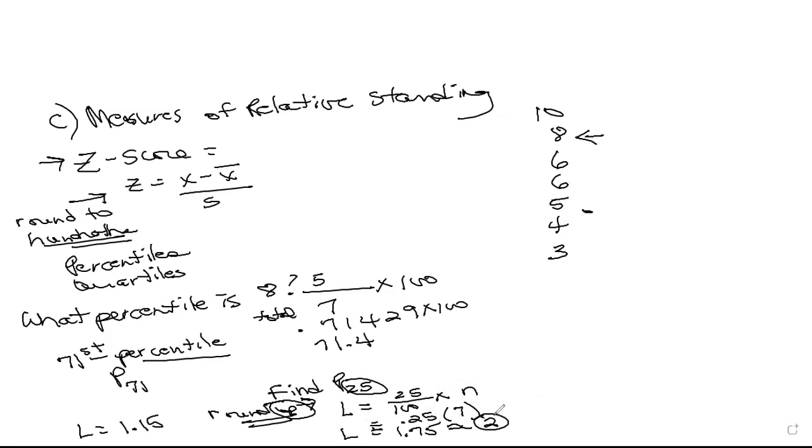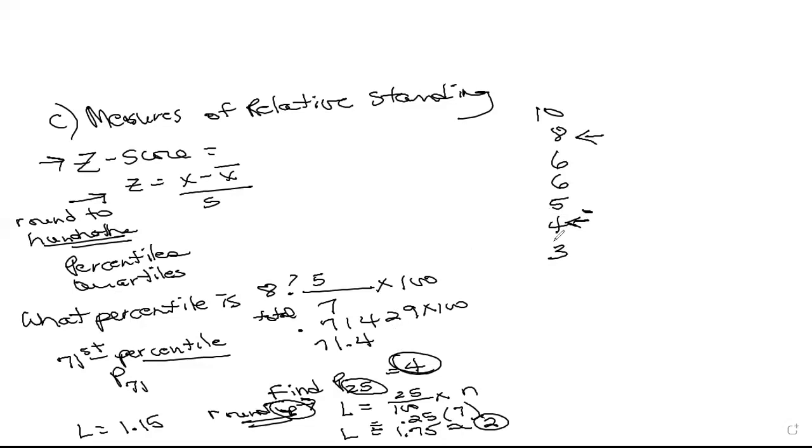Now, your locator number is not your answer. It says pick the second number. So make sure you start counting with the smallest: 1, 2. So my answer is 4. And that matches. That's about 25% below me, about a fourth of the numbers.